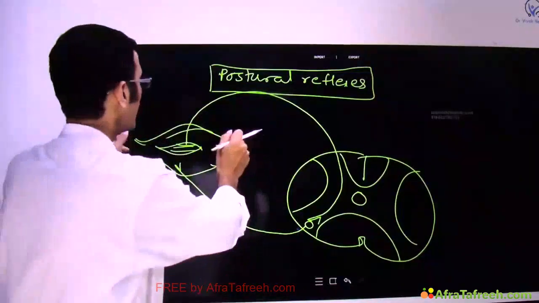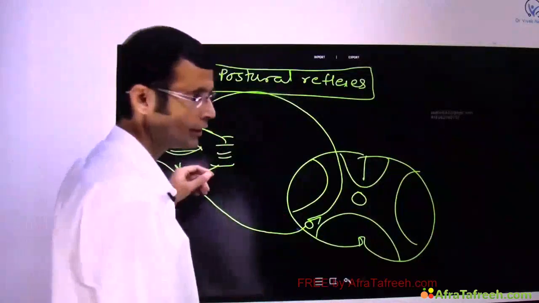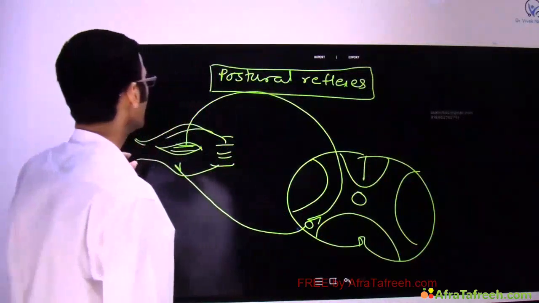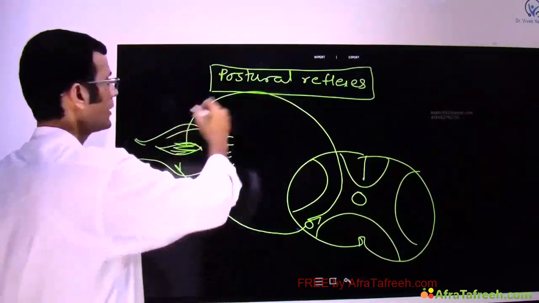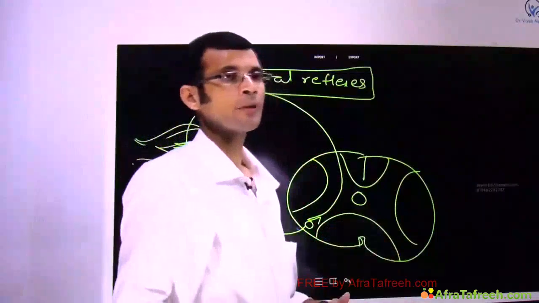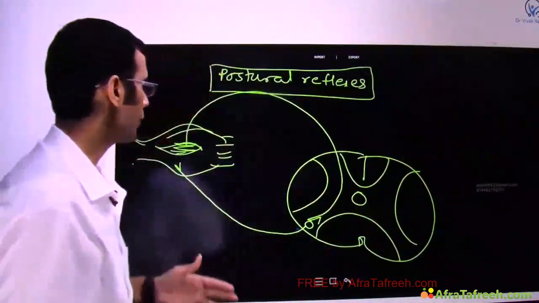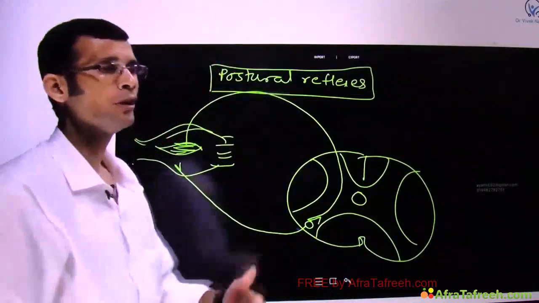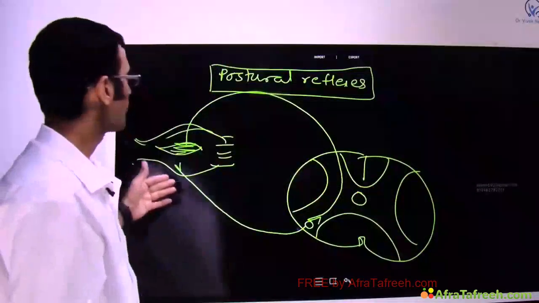So imagine if the knee is suddenly stretched by hammering over the tendon, then the entire muscle is stretched, intrafusal fibers are stimulated, and they cause a brief contraction of the muscle. This will result in the knee jerk and extension at the knee joint. So imagine its application in day-to-day life.